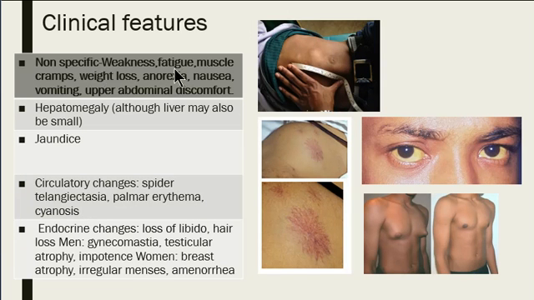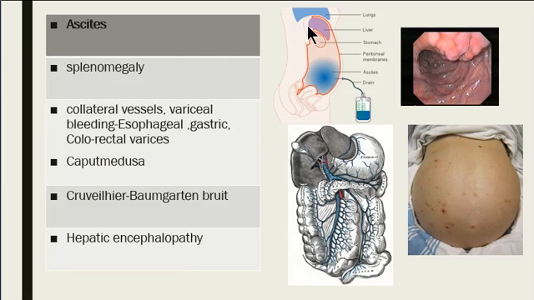So we saw some non-specific clinical features. We saw hepatomegaly, jaundice, some circulatory changes such as spider telangiectasia and palmar erythema, and some hormonal changes such as gynecomastia in men. Then we read a little bit about ascites, and then we moved on to things that could be caused due to portal hypertension, which were varices, splenomegaly, and the bruit.